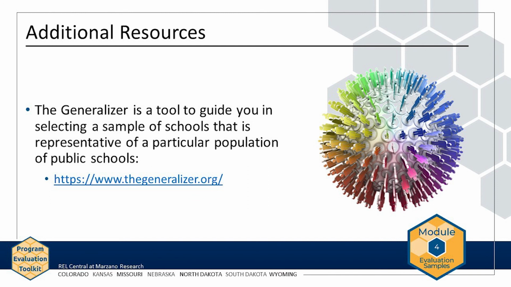For instance, it can help you identify schools that have large enrollments, are located in urban areas, or enroll large percentages of students from racial ethnic minority groups. However, the tool is limited in that the information provided is specific to public schools. It will not help you choose a sample of school districts with certain characteristics, nor will it help you choose a sample of students with certain characteristics in a particular school.